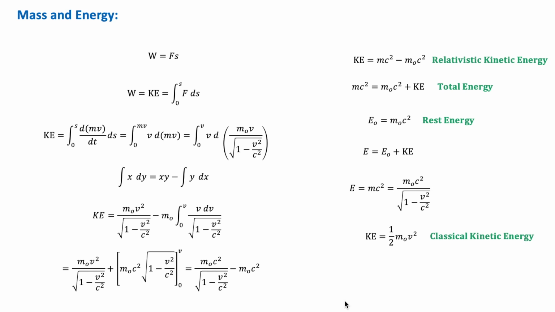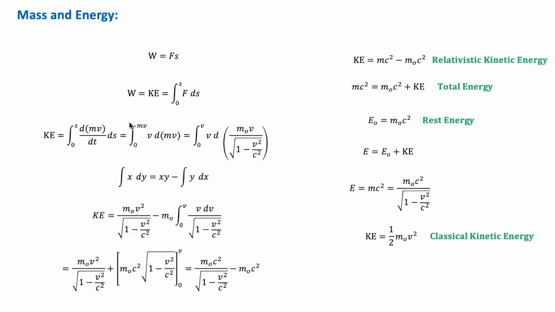So in non-relativistic classical mechanics, the kinetic energy of an object of rest mass m naught and the speed v is equal to half m naught v squared. So to find the relativistic formula for the kinetic energy, we start from the relativistic form of Newton's second law, okay?